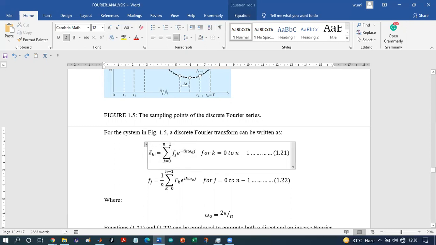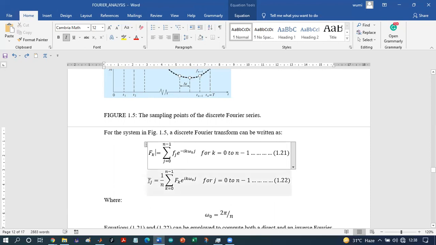Where f sub k, remember that we are dividing the signal into different time intervals, so into discrete time intervals from k is equal to 0 to the last value, which is n minus 1. So that's why you have this f of k here. Then is a summation. So we are going to be doing an example in order for you to know how to go about this summation.